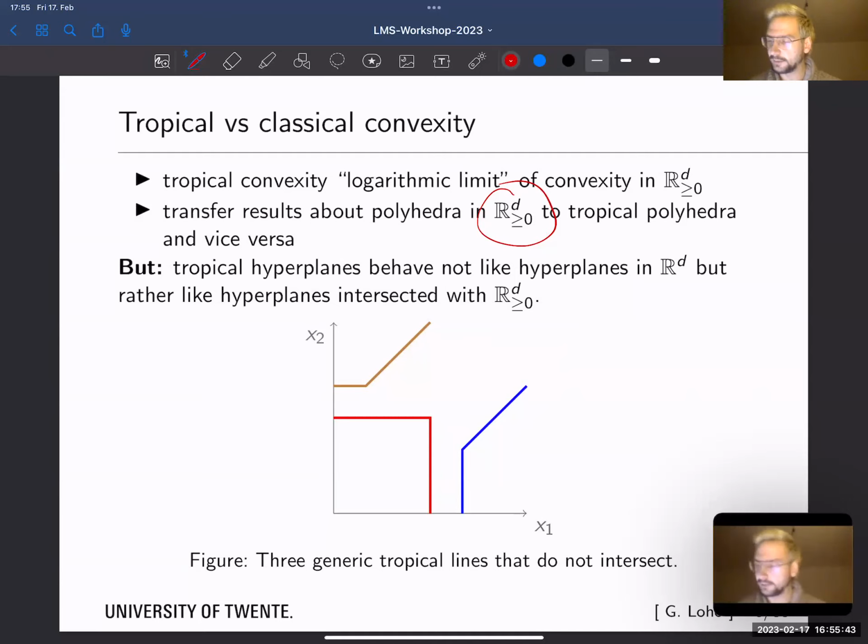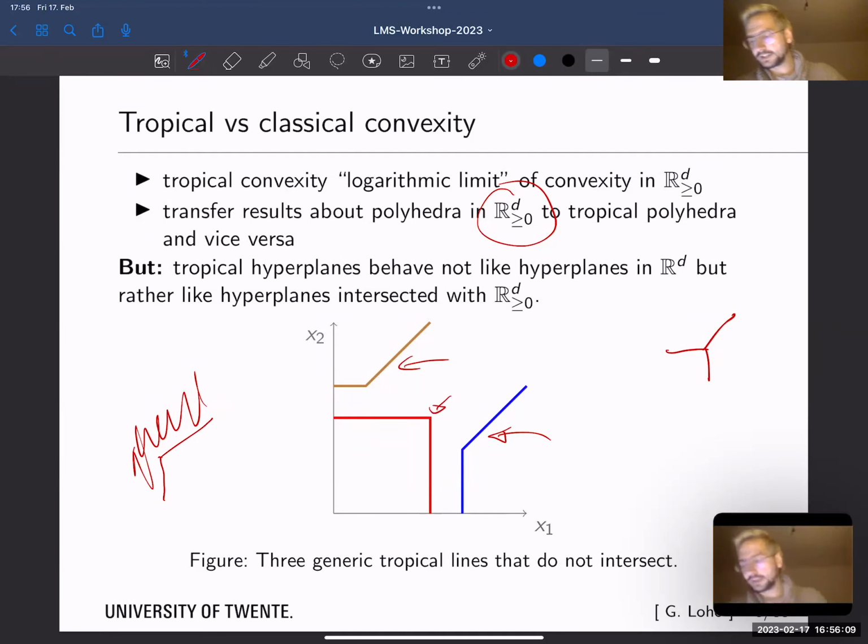And by the way, maybe you think of a tropical hyperplane as this. This is, let's say, the more tropical geometry point of view, while the more tropical convexity point of view is that a hyperplane should be the boundary of a half space, and the half space has some additional sign information. So really this would be a tropical hyperplane, and this and this.